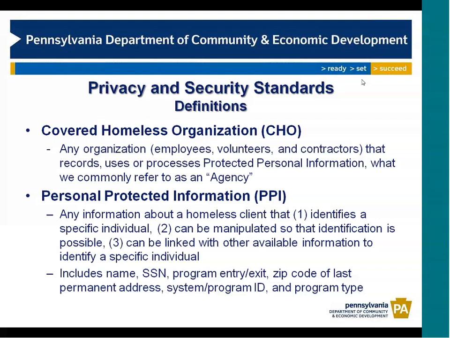That includes their name, social security number, when they were in a program, those dates, program entry and exit, zip code of last permanent address, the program they're in, as well as the program type. If you collect any of that information, that can be used, if it gets in the wrong hands, to track back and find who that person actually is. So that's why it all falls under that PPI heading.